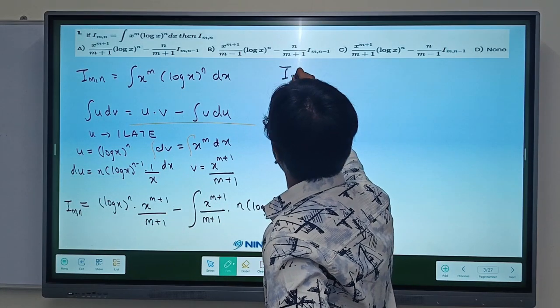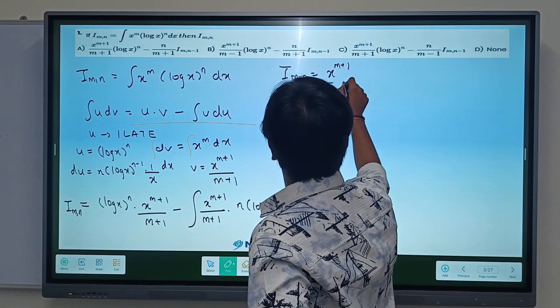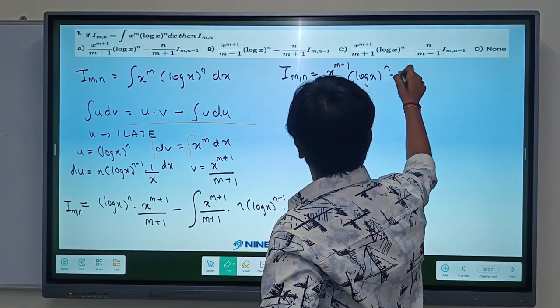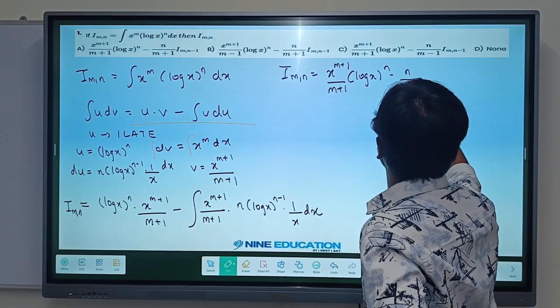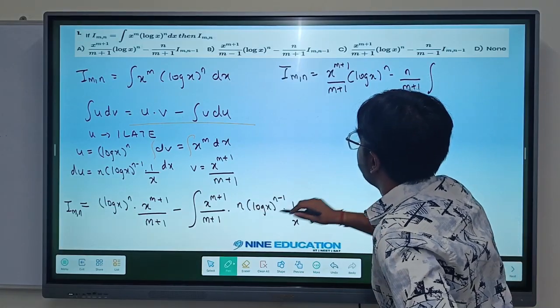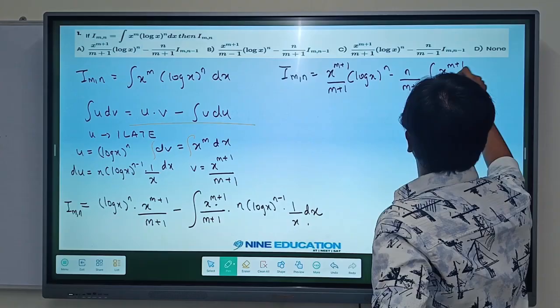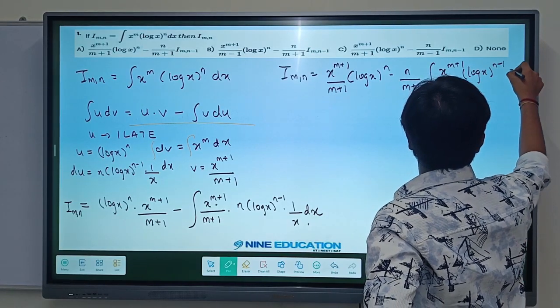So if I simplify, I'll get Imn as x power m plus 1 divided by m plus 1 multiplied by log x power n, minus, let's take the constants outside, n and m plus 1, both are constants, they come outside, integration of what remains here, x power m plus 1 by x into log x power n minus 1 dx.